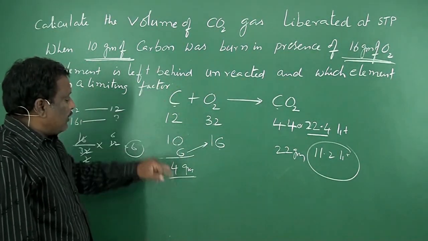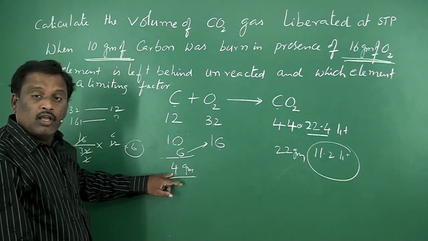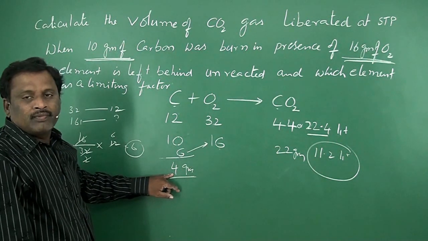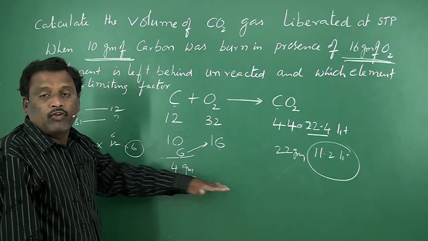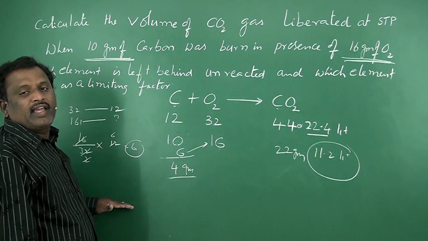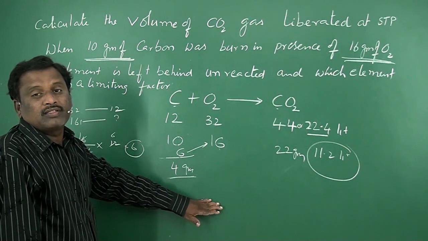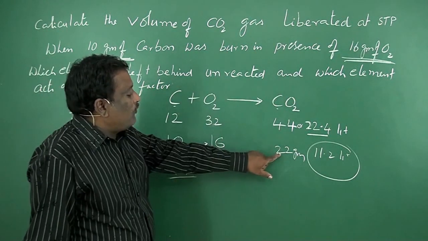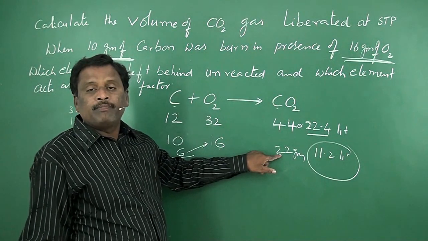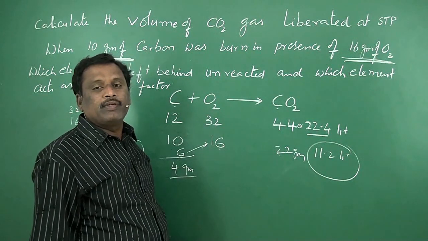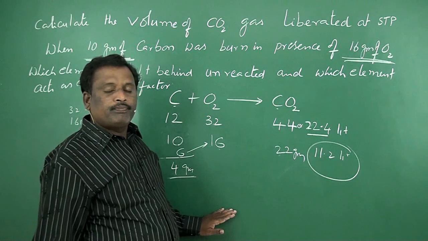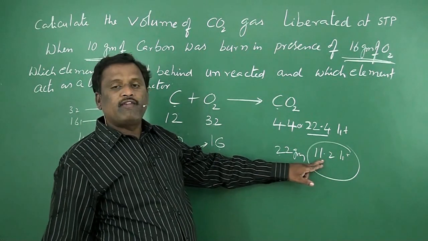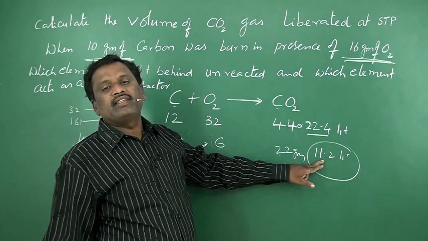The weight of carbon that is left behind unreacted is 4 grams. Next, the amount of CO2 formed is 22 grams. And its volume at STP: the volume of CO2 formed in the reaction at STP conditions is 11.2 liters.